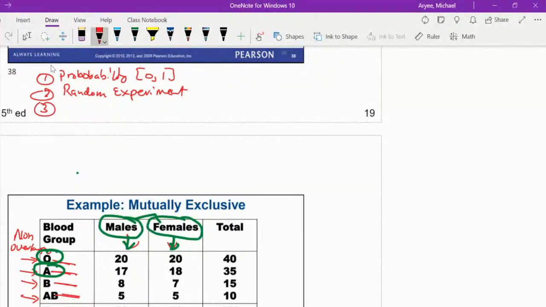We look at something like an outcome, specifically a simple outcome. We did look at what is called a sample space, and then we learn how to use a tree diagram to create a sample space.